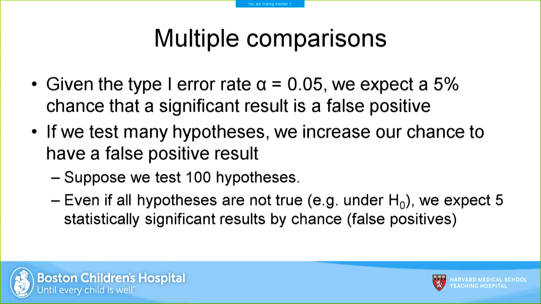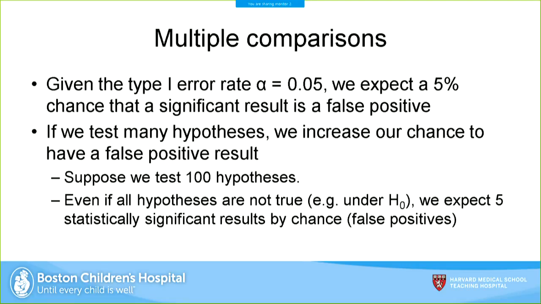I want to talk a little bit about multiple comparisons. We were talking about the type 1 error rate at 5%. This means that if we conducted this study, we would expect a 5% chance that a significant result is a false positive. Now, if we end up testing many outcomes, many hypotheses, we're going to increase our chance of a false positive result.